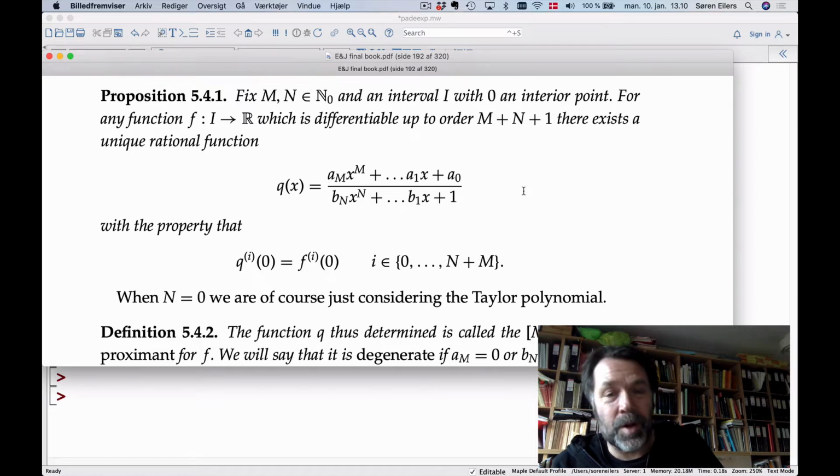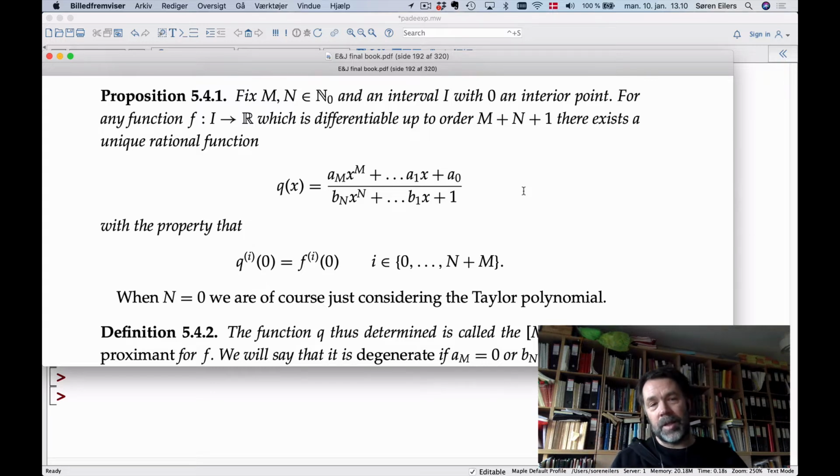So the Pade approximant is a nice choice of a rational function that matches up with some given data in a sequence that we think of as the coefficients of a power series. Of course there's a division by n factorial, but that cancels out here. We say that a Pade approximant is degenerate if the first coefficients, the am and the bn, are 0. That plays a special role in the theory that I want to show you.